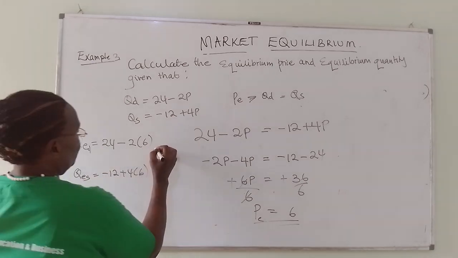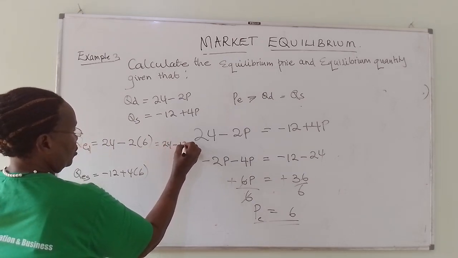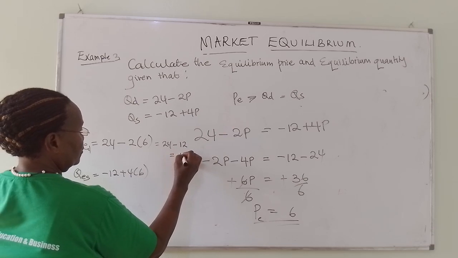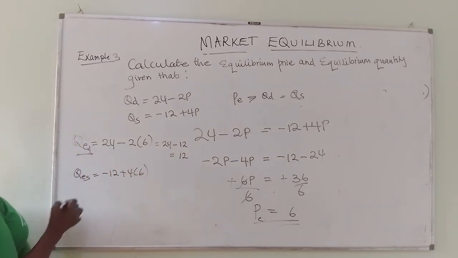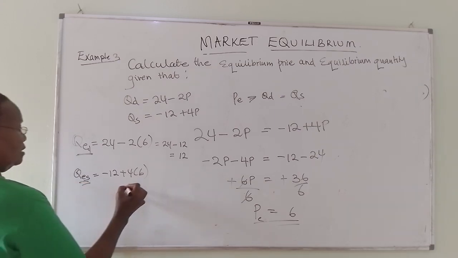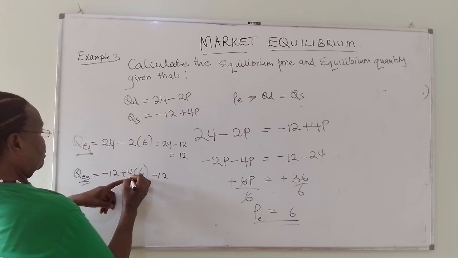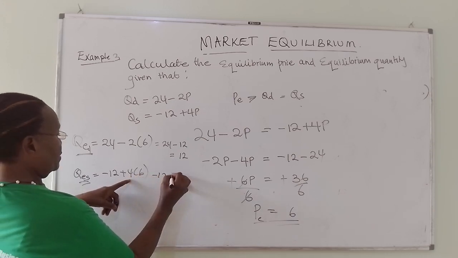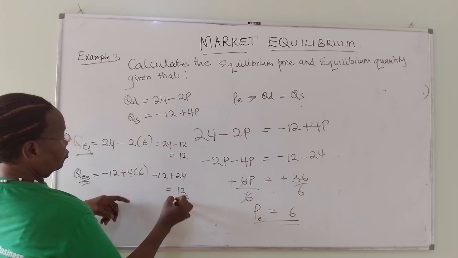So here we have 24 minus 12, and the result is 12. So our equilibrium quantity is 12 units. What about the supply side? We have our negative 12, and we have 4 times 6 plus 24, and our answer is 12.